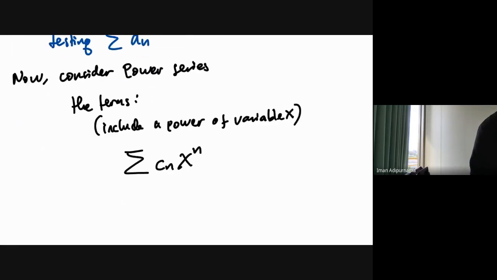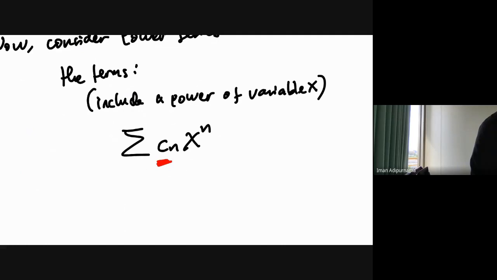C is the constant, and n is the term index in the series. So we will have a constant and then the x.